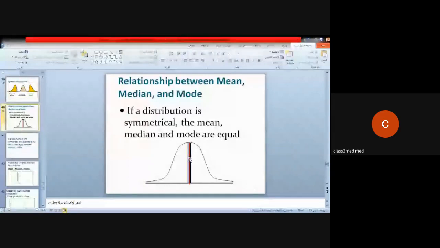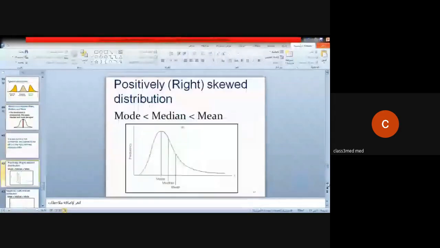But when it is skewed, not symmetrical, for example positively skewed, also called right skewed distribution, we have a long tail to the higher side, which means we have extreme values on the higher side. That's why the mean will be the highest value.